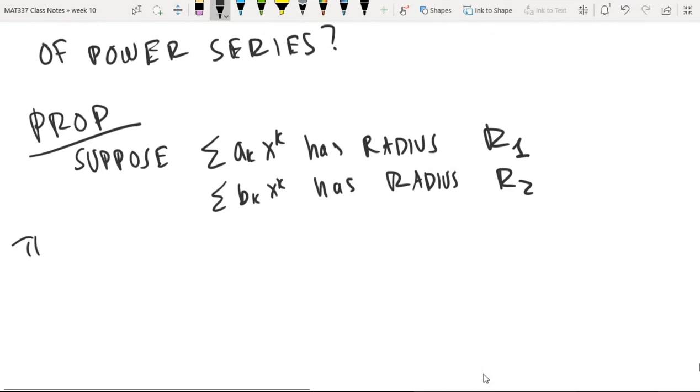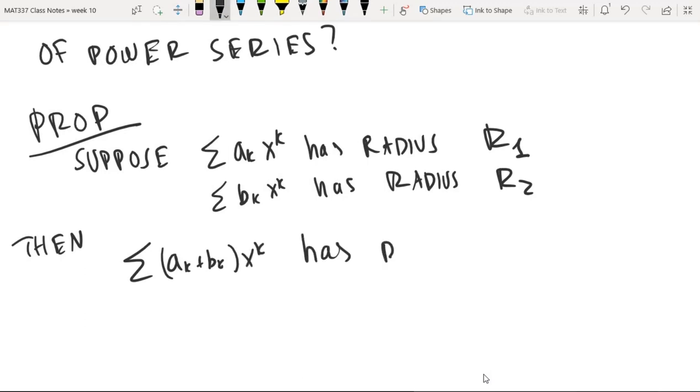Then their sum, the sum of a_k plus b_k, has radius R less than the min of r1 and r2.